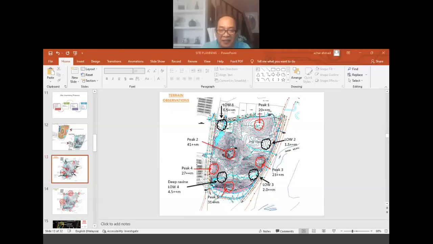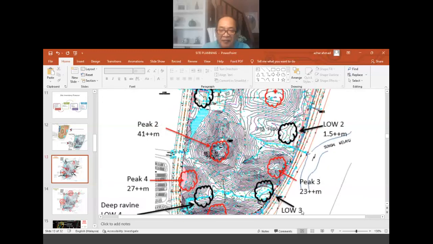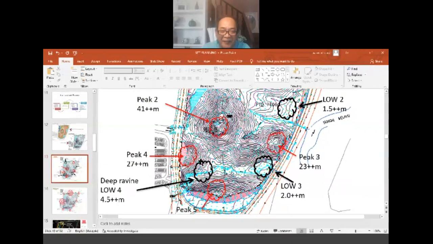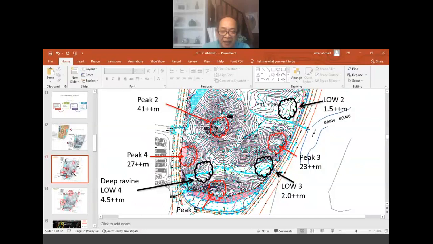Okay, back to here. So this is what we can term as a deep ravine because the contour lines here, I can enlarge this, maybe you can see a little, are very closely spaced, from peak number 4 and also peak number 5.